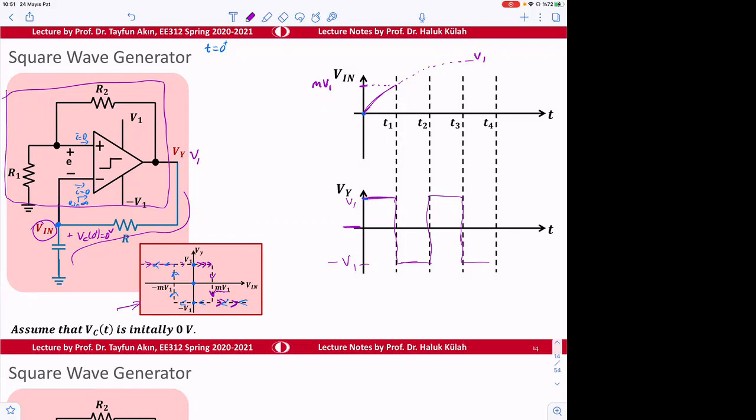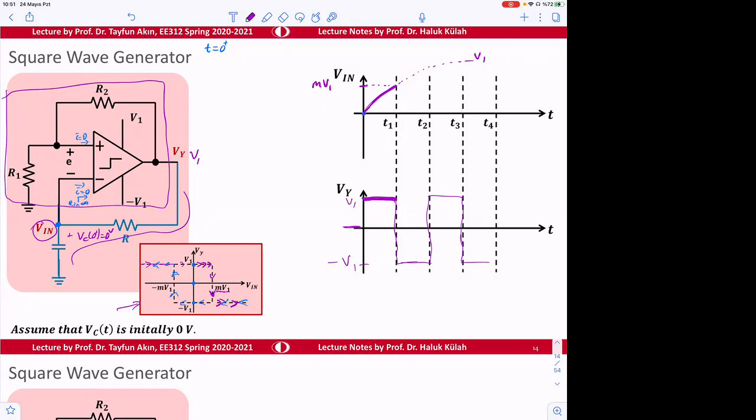Up to here, the capacitor will be remaining at V1, okay? The goal of the capacitor is to charge to V1, but at MV1, the signal will change. That happens, let's say, at T1 time.